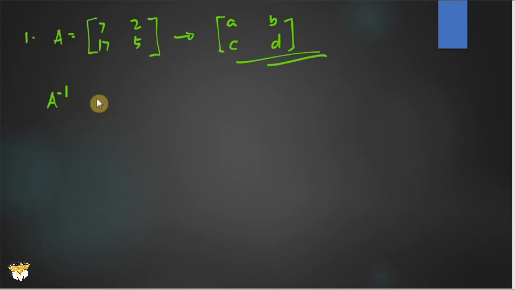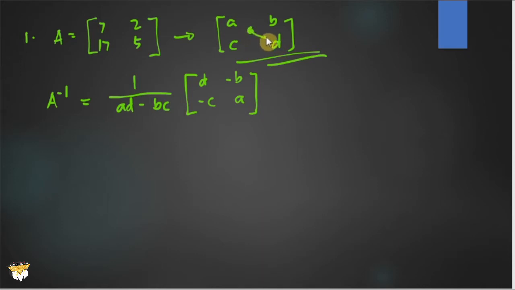The inverse of A, or A raised to negative 1, is equal to 1 over the product of A and D minus the product of B and C, and then multiply them by the matrix D, negative B, negative C, and A. Okay, so parang pinagpalit lang si D dito at saka si A. And then dito naman, we get the additive inverse.